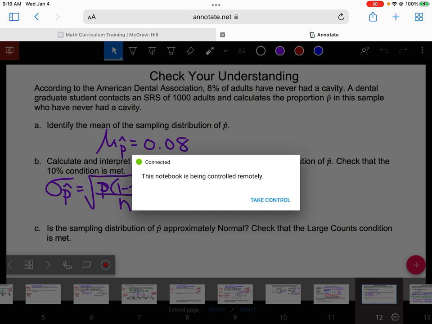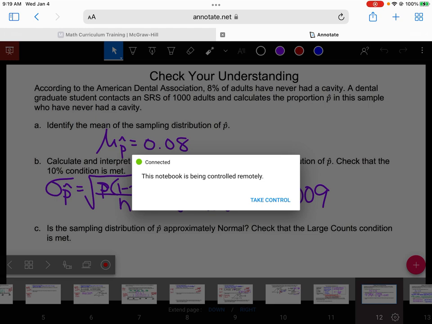So what would 1 minus p be? 0.92. All over what? All over 1,000. What does that come out to be? 0.0086, so I'm going to round that to 0.009, but you can write 0.0086, that's absolutely correct.